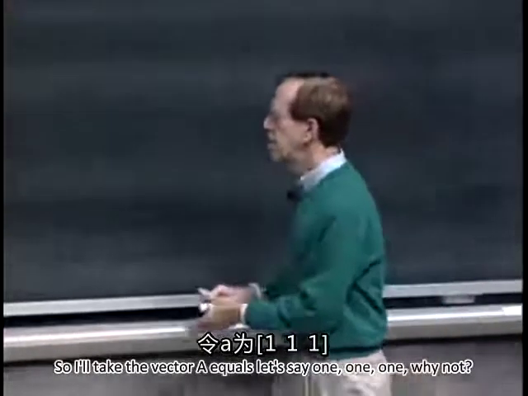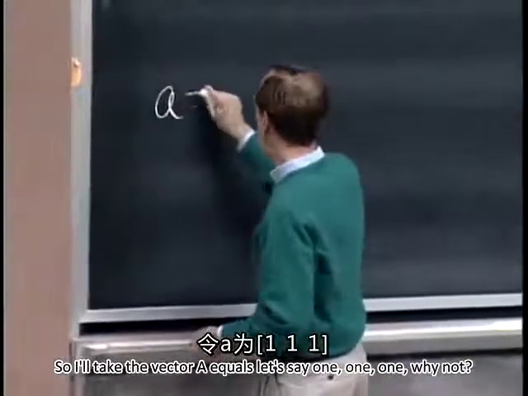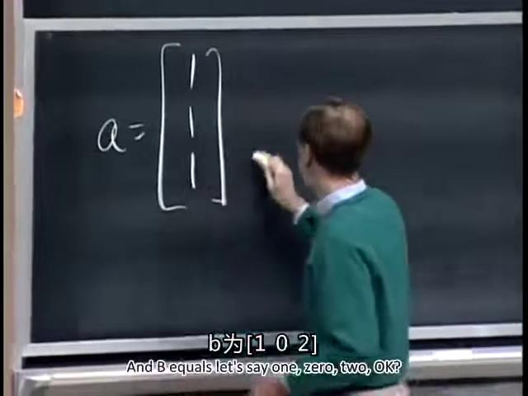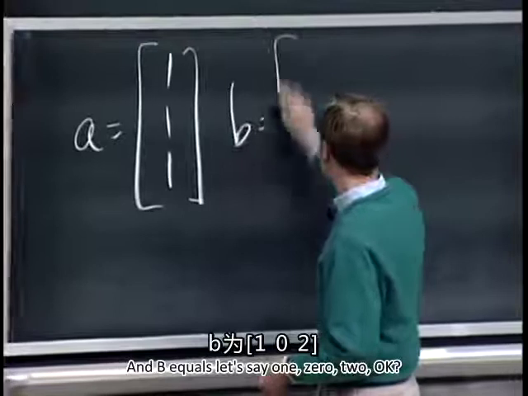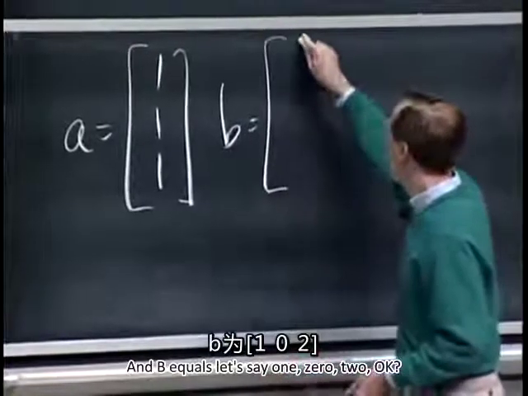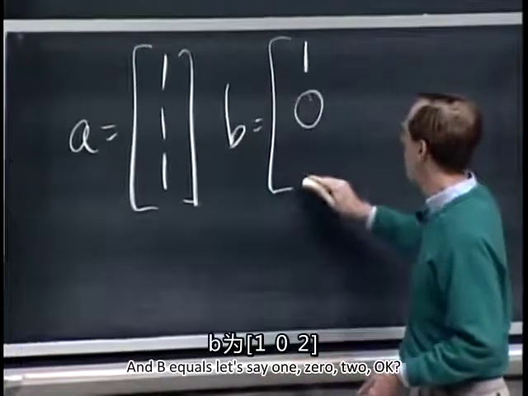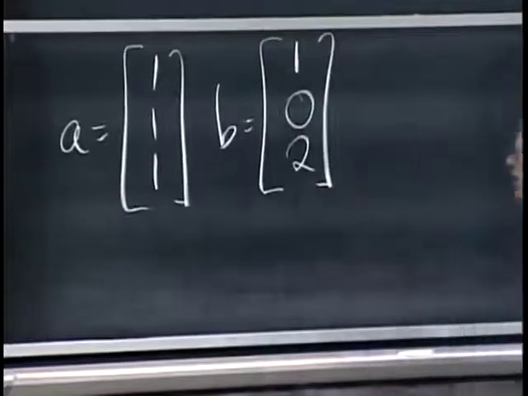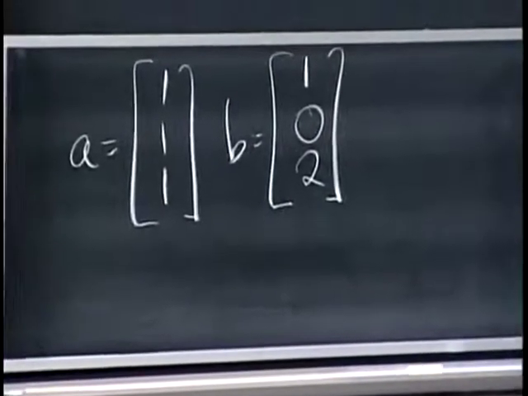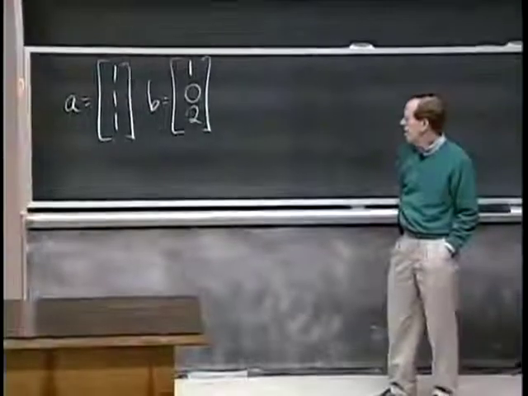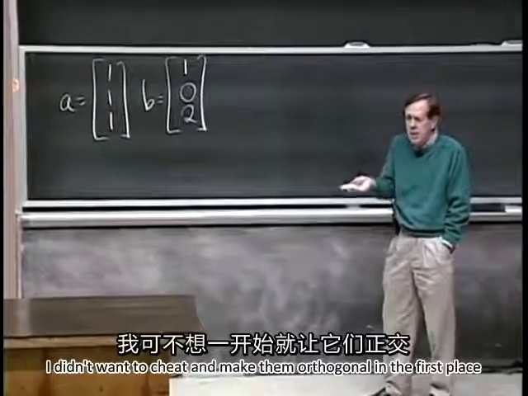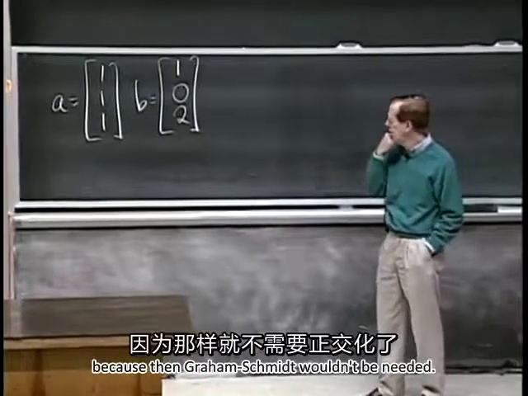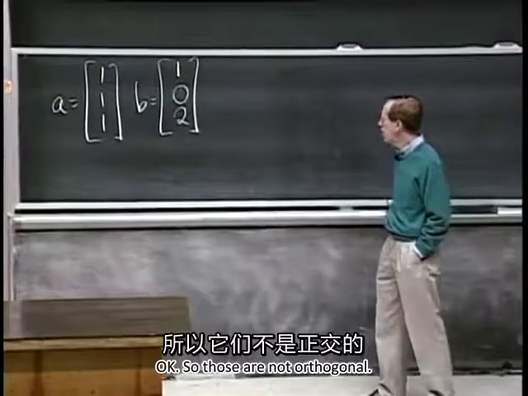I'll take the vector A equals, let's say, 1, 1, 1. Why not? And B equals, let's say, 1, 0, 2, okay? I didn't want to cheat and make them orthogonal in the first place, because then Graham-Schmidt wouldn't be needed. Okay, so those are not orthogonal.